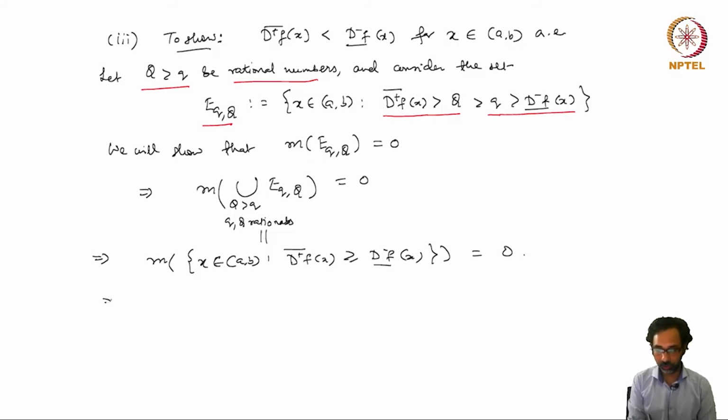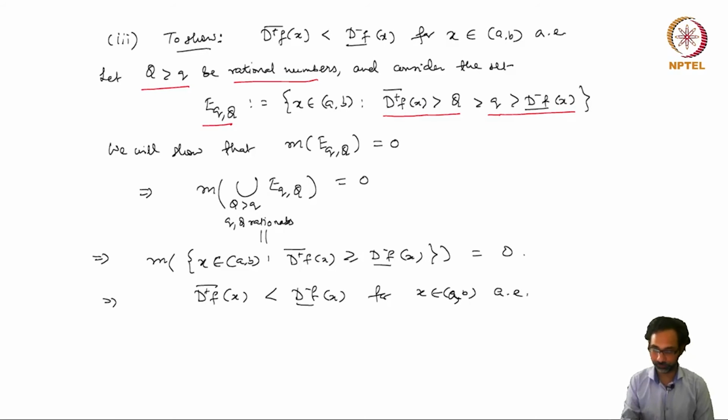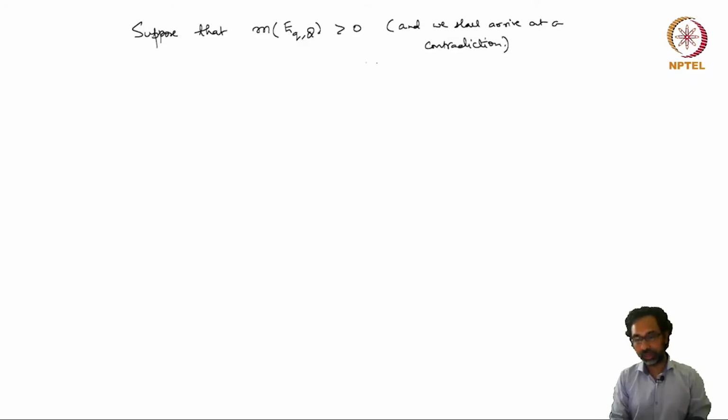And so this will show that D^+ f (upper) is less than D_- f (lower) for x in (a, b) almost everywhere. So to do this, we suppose that the measure is strictly positive, and we shall arrive at a contradiction.